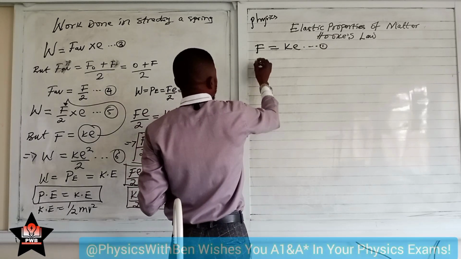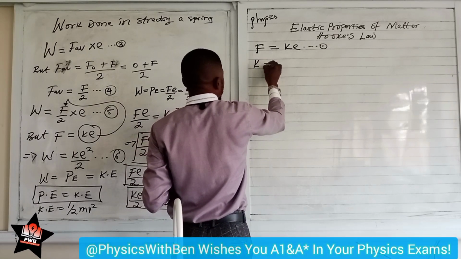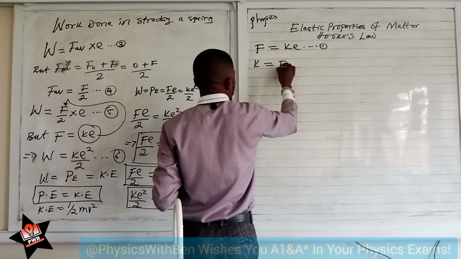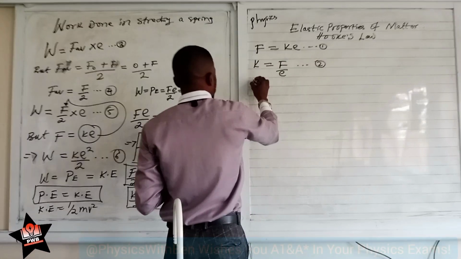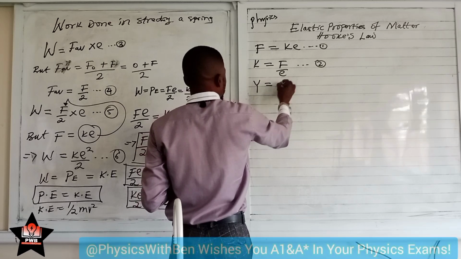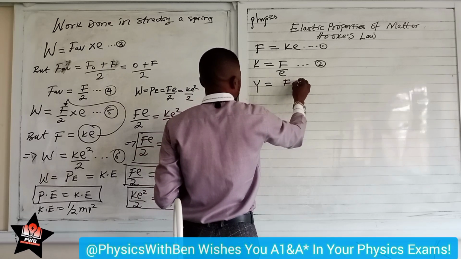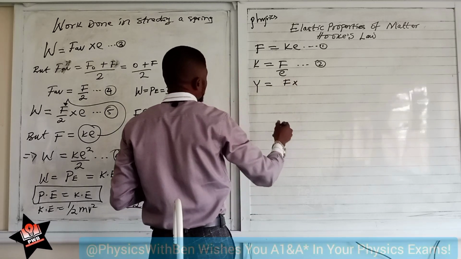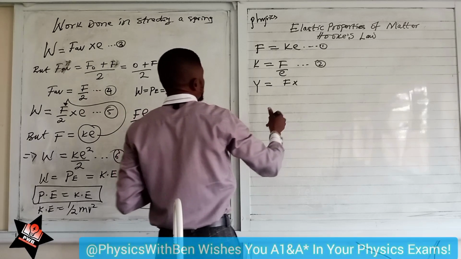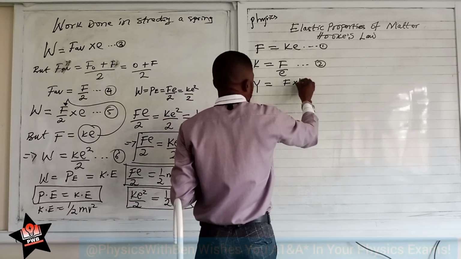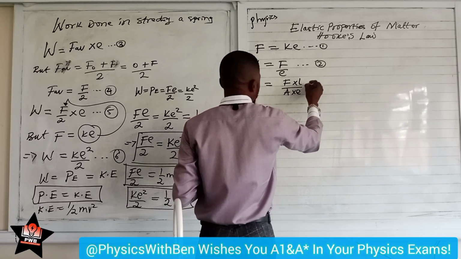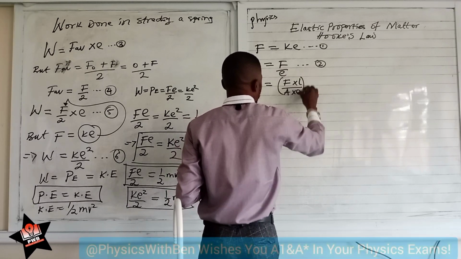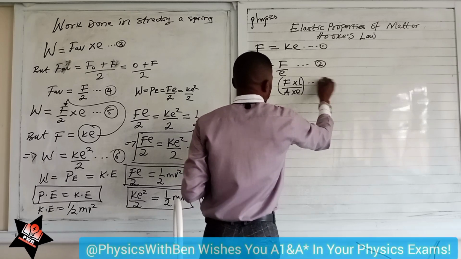For the Young's modulus, again, k is equal to F all over e, equation number 2. Y is equal to force times L all over A times extension, the Young's modulus. This is equation number 3.